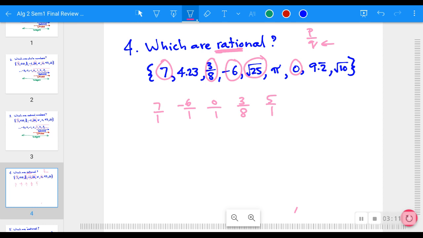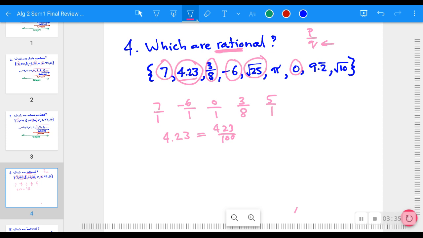All right, any terminating decimal, that means a decimal that doesn't go on forever, would qualify. 4.23 is a terminating decimal, and if you care, that's going to be 423 100ths. But you can see I can make a fraction out of it, so it's rational.